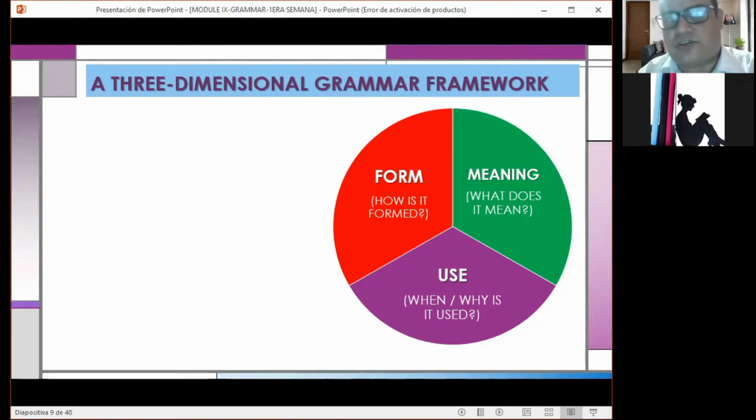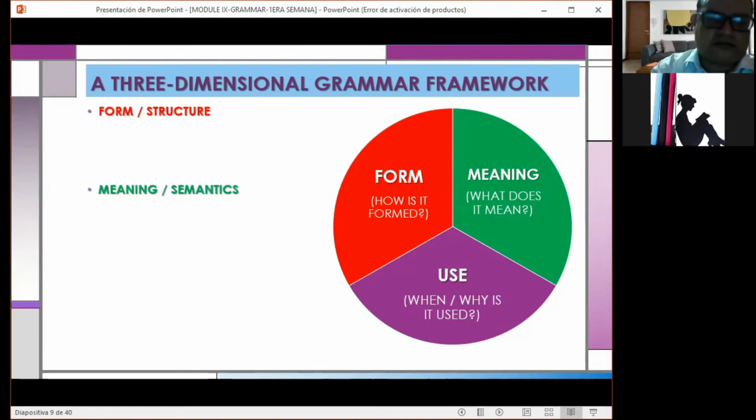Meaning, what is the meaning of this pattern, of this structure? And the use, when and why is it used?